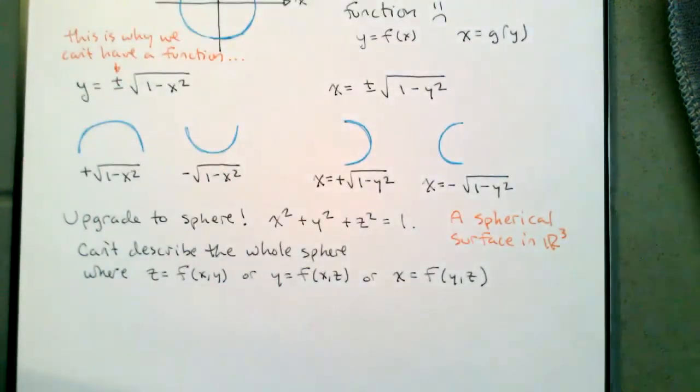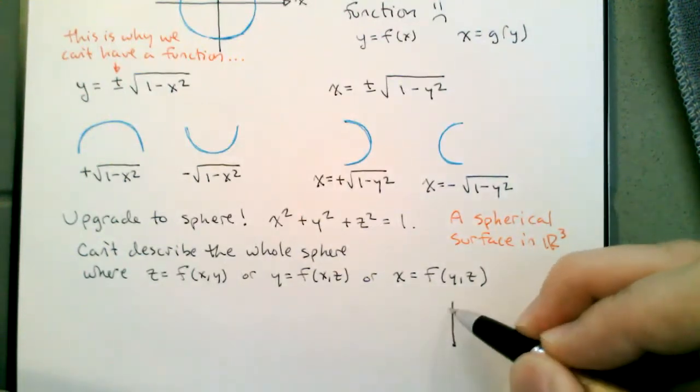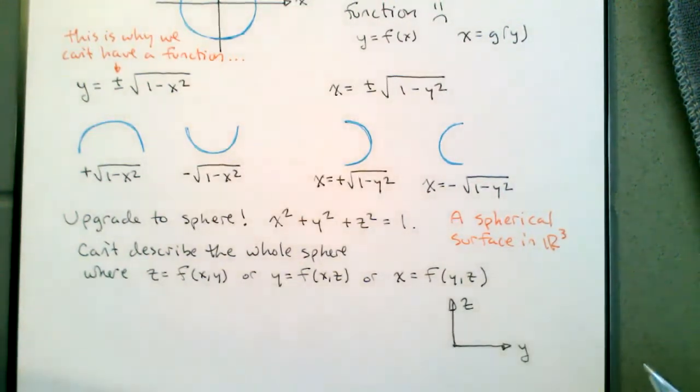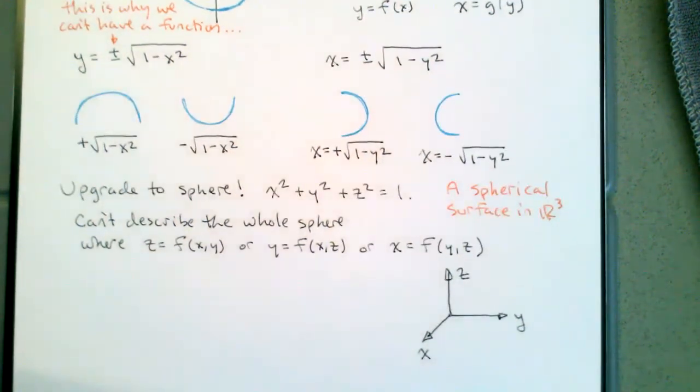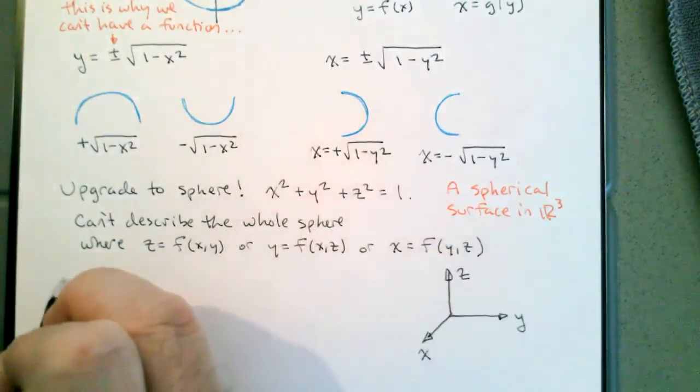So if we set up our coordinates where z is up and down relative to the paper and our perspective, y is left and right, and x is forward and backward, the usual way. If I solve for z in this equation, I get a plus or minus.